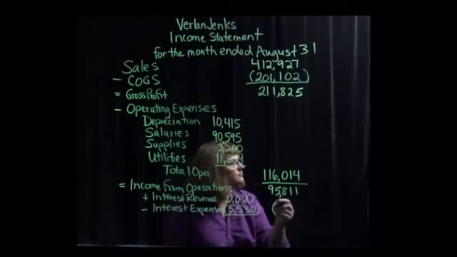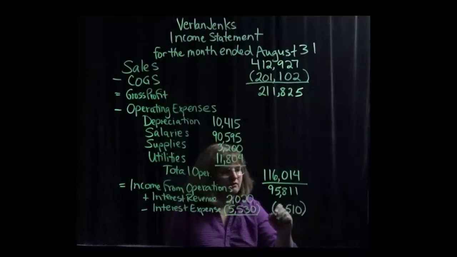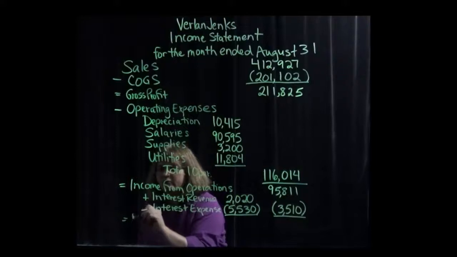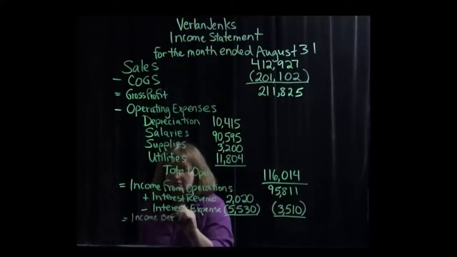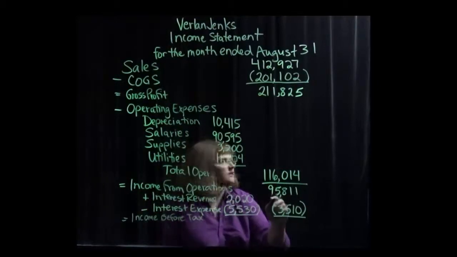And so we're going to be subtracting the $3,510. And that will give us our income before tax. And that's going to be $92,301.